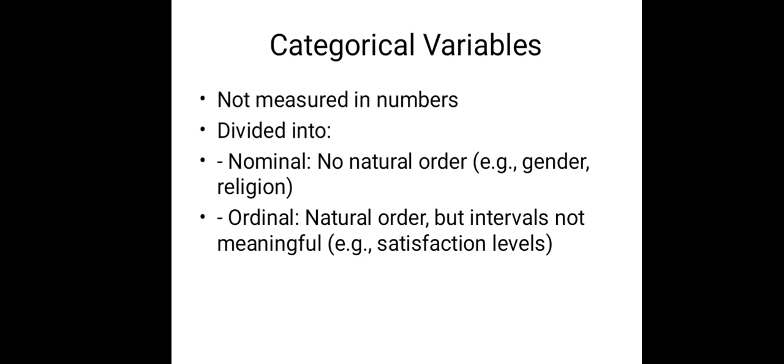If we come to ordinal, we have a variable that has a natural order by intervals, which may not be really meaningful, but this natural order may show value. For example, we want to know your level of satisfaction with this session. We want to ask, are you satisfied with this session?